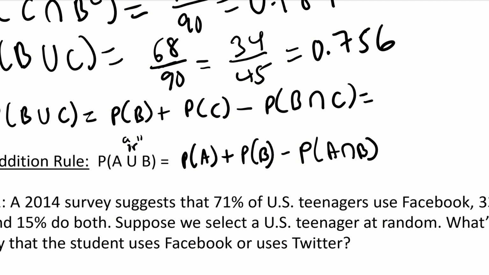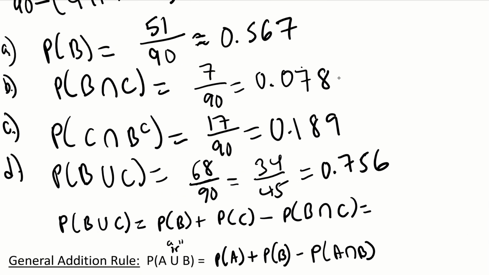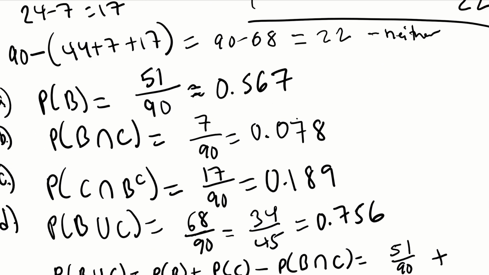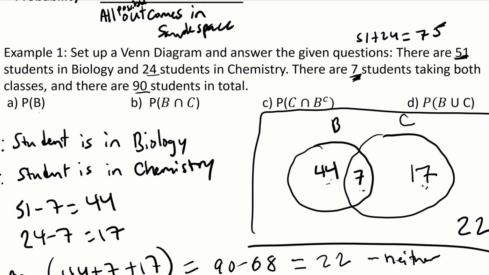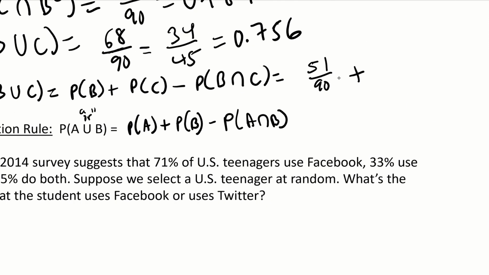So the probability of B, which is the biology, we calculated here is 51 out of 90, right? So 51 out of 90. And then the probability of chemistry, well, how many students are taking chemistry? Well, it's 24 students, right? So 24 students. So you would say 24 out of 90. But it's not enough to just combine them because there's students that are taking both.